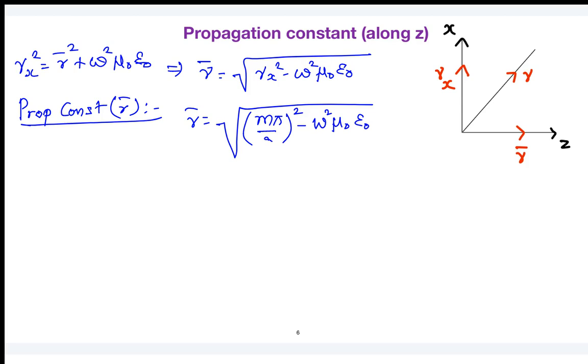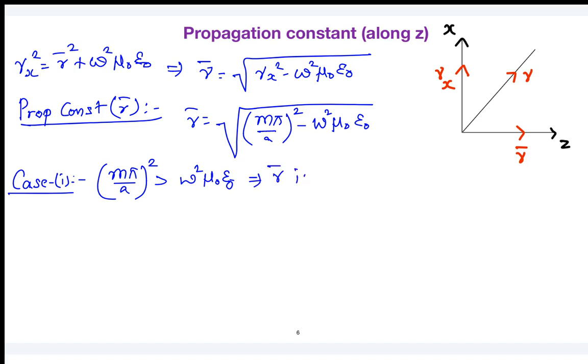Let me consider the first case where m pi by a whole square is greater than omega square mu naught epsilon naught. What happens to your gamma bar? Is it purely real, imaginary or complex? Yes, gamma bar is purely real.